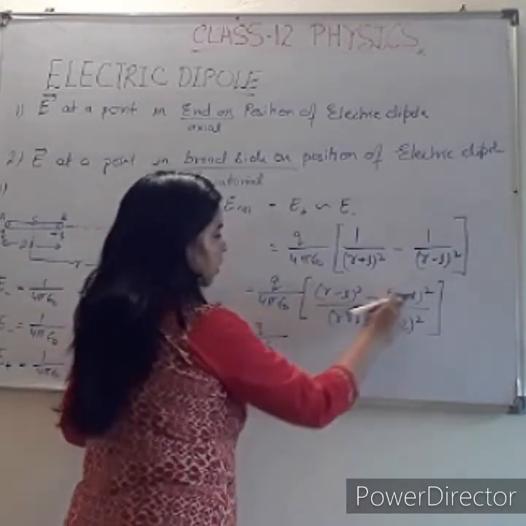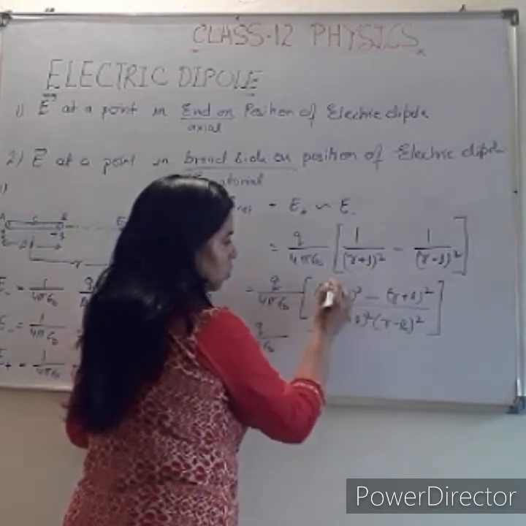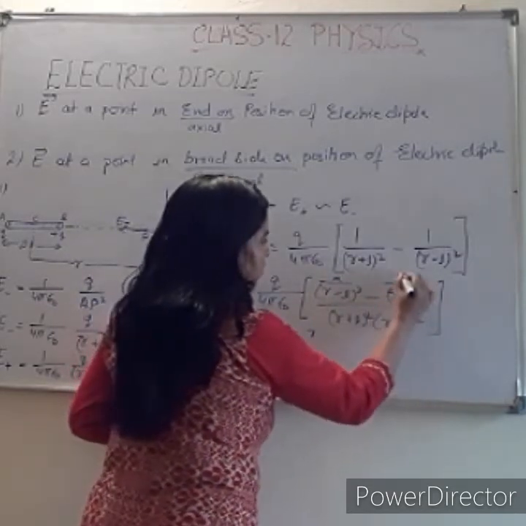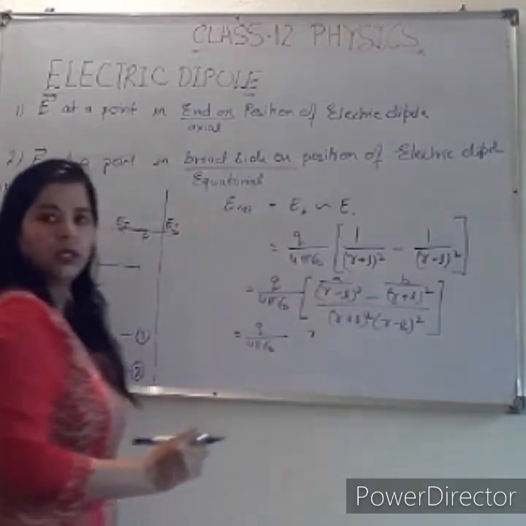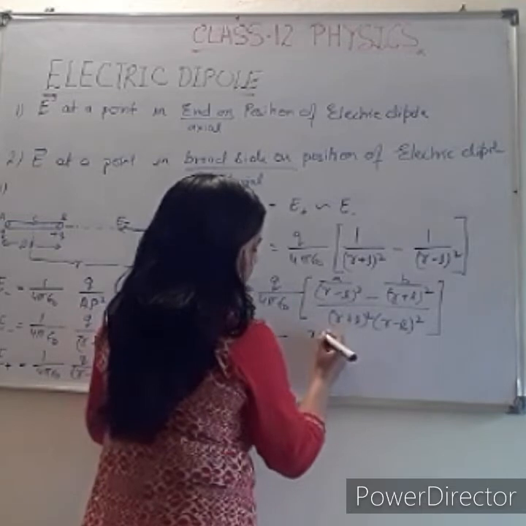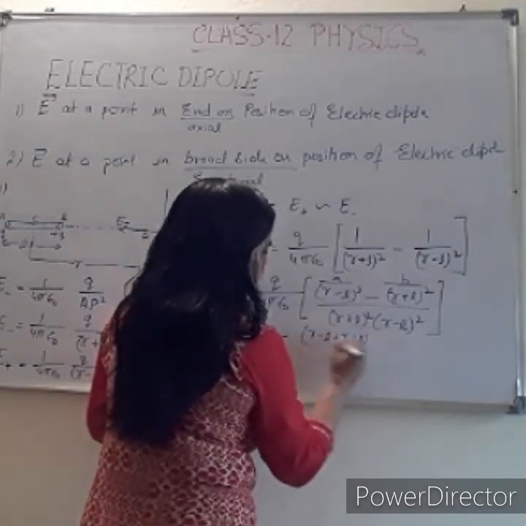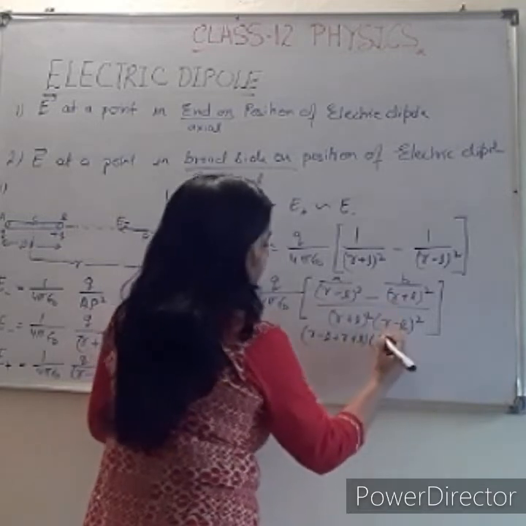This is A square minus B square. So A square minus B square, where this whole term is A, this whole term is B. So what is the last result? A plus B and A minus B.